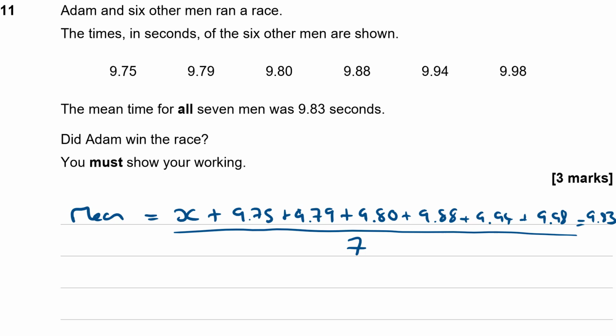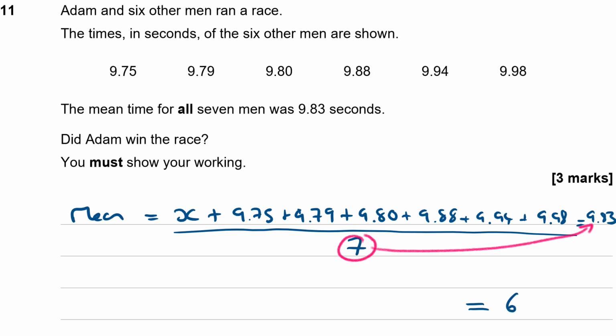Okay, I think it's time to reach for a calculator. I'm going to cross multiply that up there, so getting rid of the 7 on the bottom, 7 times 9.83 is equal to, so 9.83 times 7, 68.81.